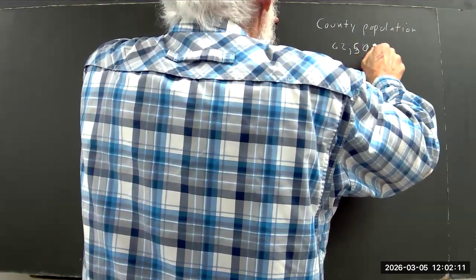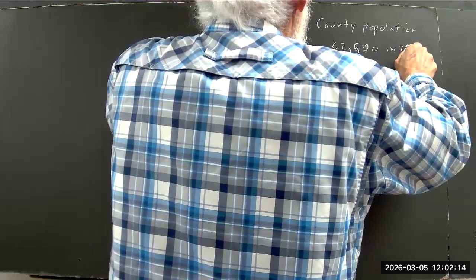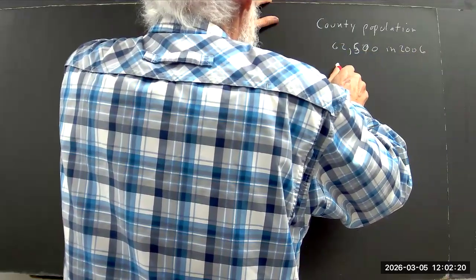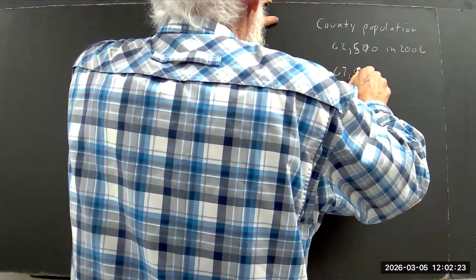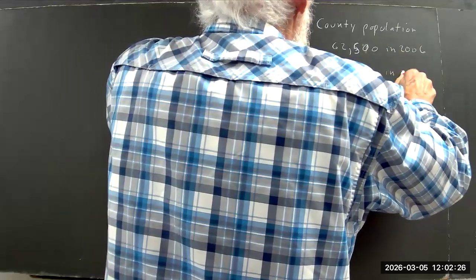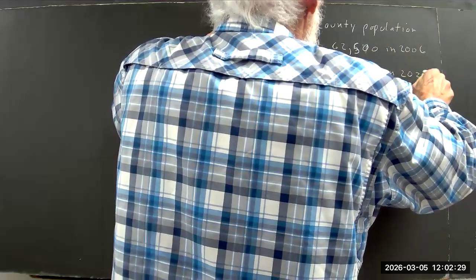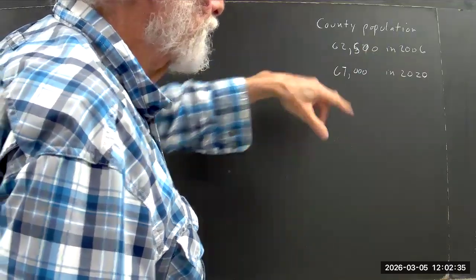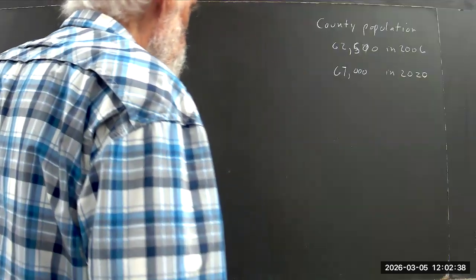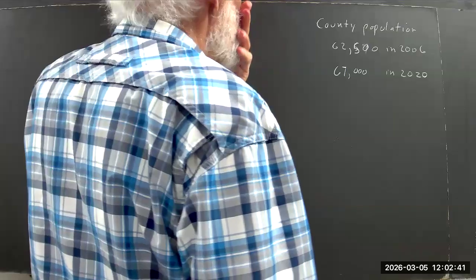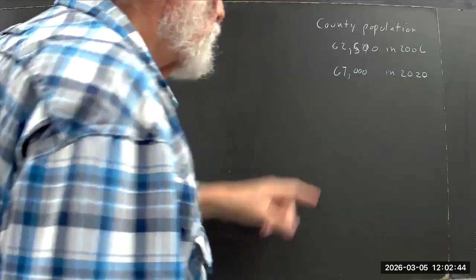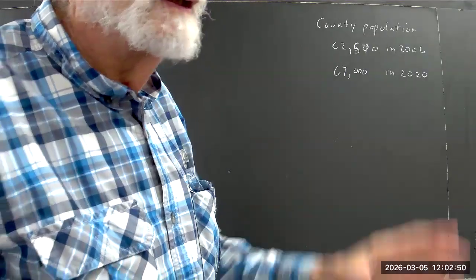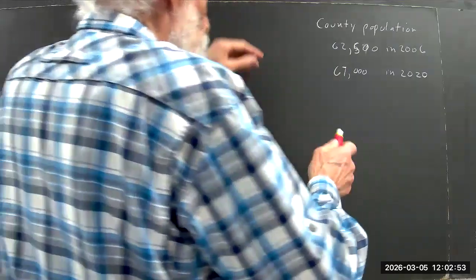I'll use fairly round numbers: 62,500 in 2006, 67,000 in 2020. Can you sketch me 2 points that represent this information? Well, I'm not going to push you to do that. I'm going to do it for you.